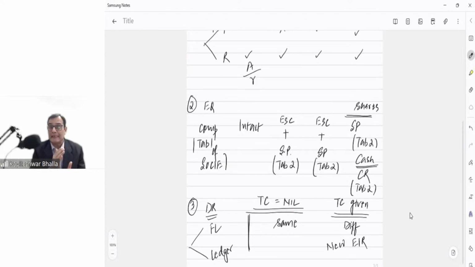The treatment of the equity component at the end of the conversion. And what is the discount rate to be taken for the financial liability calculations, and the discount rate to be taken for the unwinding of the discount, that is the finance charge in terms of the ledger account. I guess everybody is quite comfortable and absolutely clear with the thoughts.